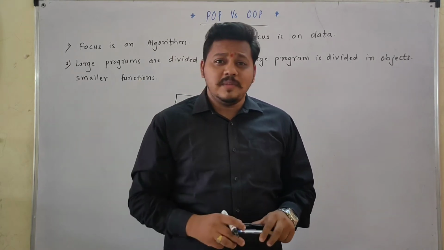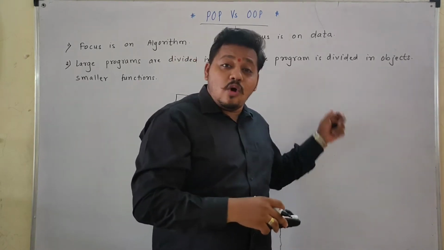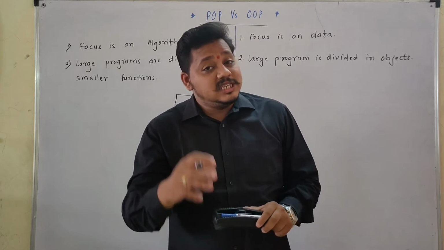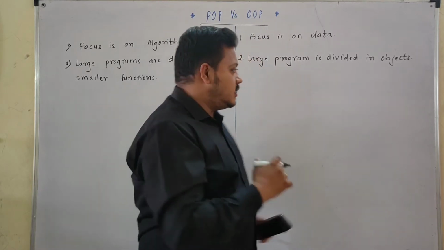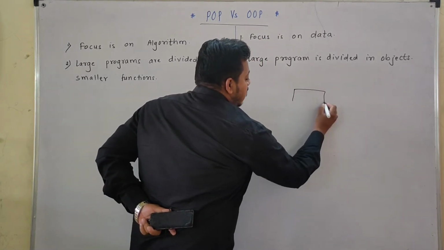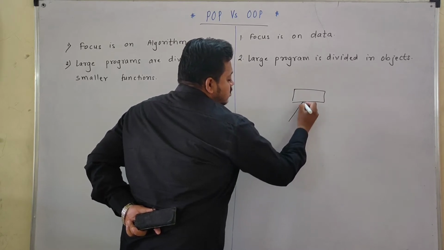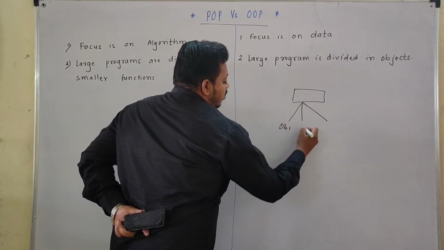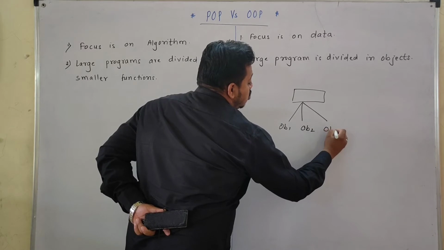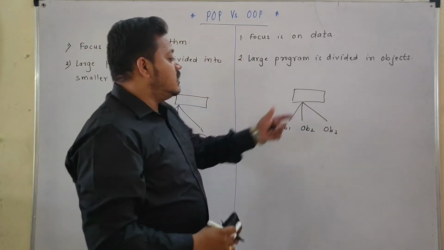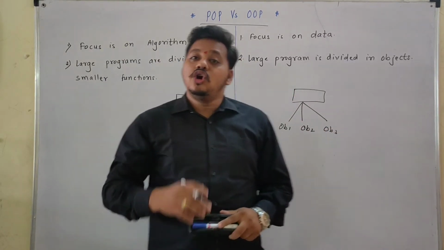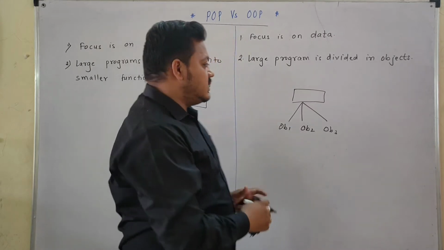Here the large program is divided into functions, and in OOP the larger program is divided into different objects. Suppose this is my larger program, then this program is divided into object 1, object 2, object 3. In this way the large program is divided into objects. So this is the second difference.